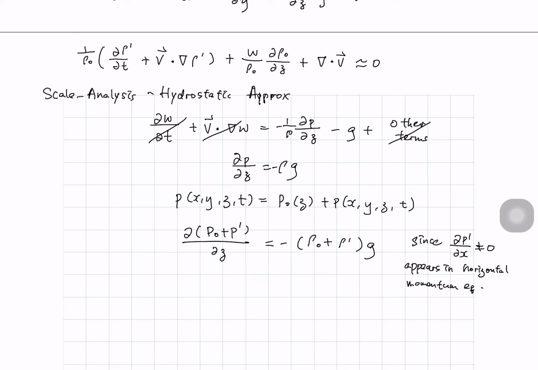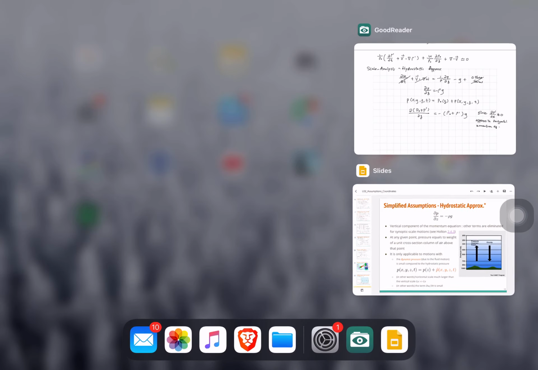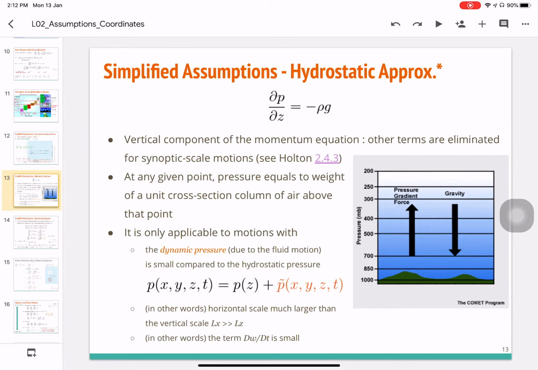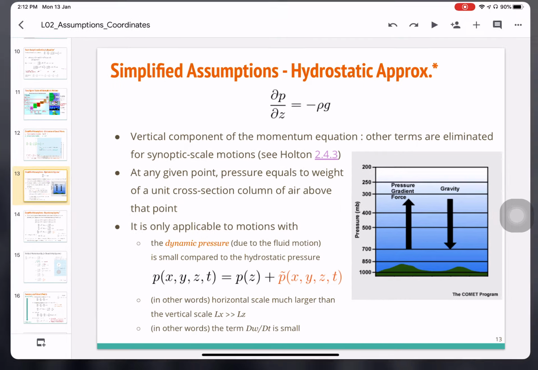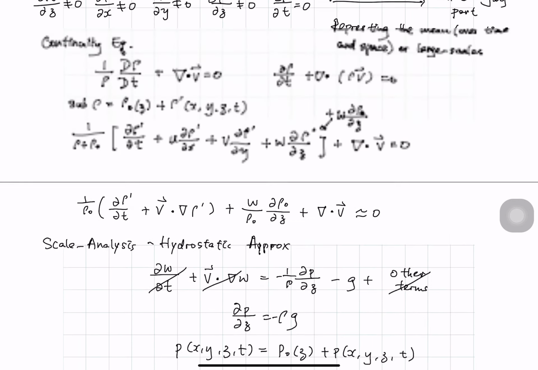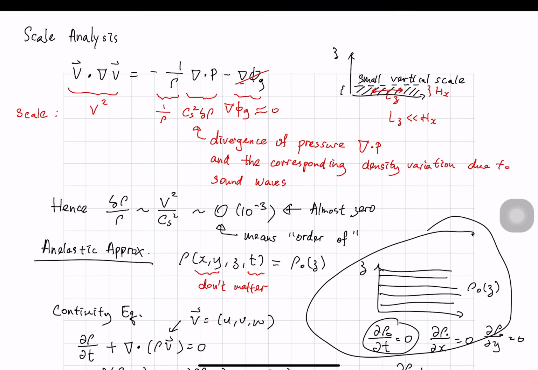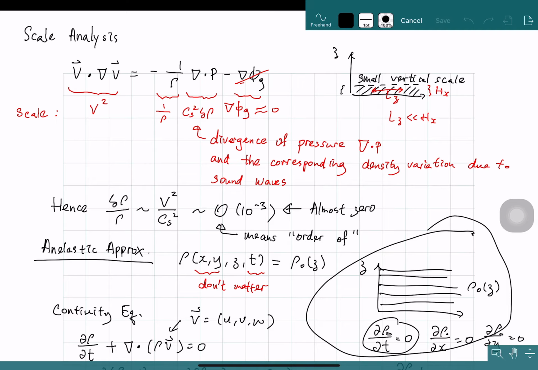This is beyond the scope of this course. I have put that in the slide, I think. Houghton. We call this dynamic pressure. This is only applicable if your horizontal scale is much larger than the vertical scale, which is the same situation as this one.